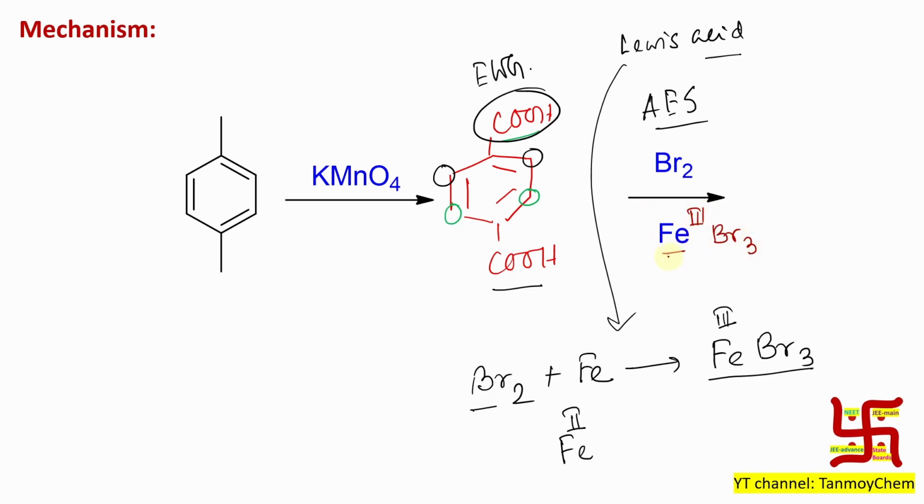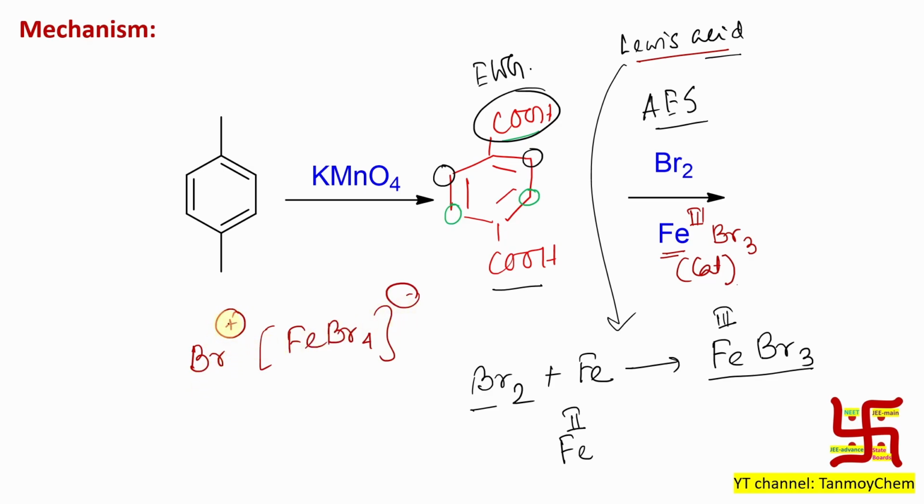If you take this iron in catalytic amount, a catalytic amount of FeBr3 will be produced, and that Fe3+ center will act as a Lewis acid and participate in aromatic electrophilic substitution. Actually it will react with bromine and produce the Br+ FeBr4- species. It is very reactive because the positive charge on bromine is not stable.